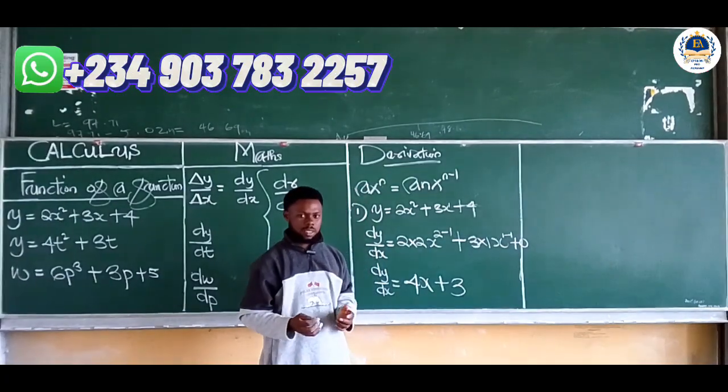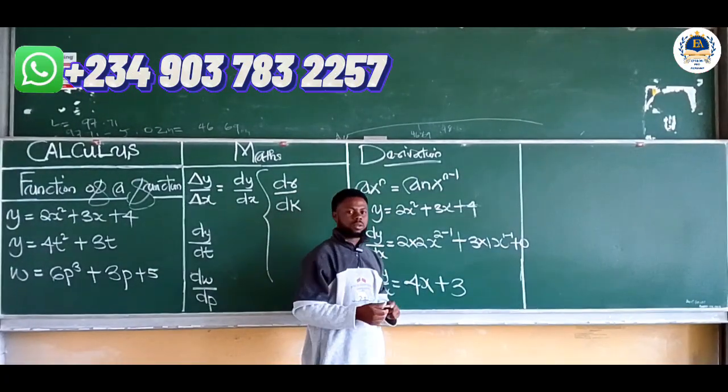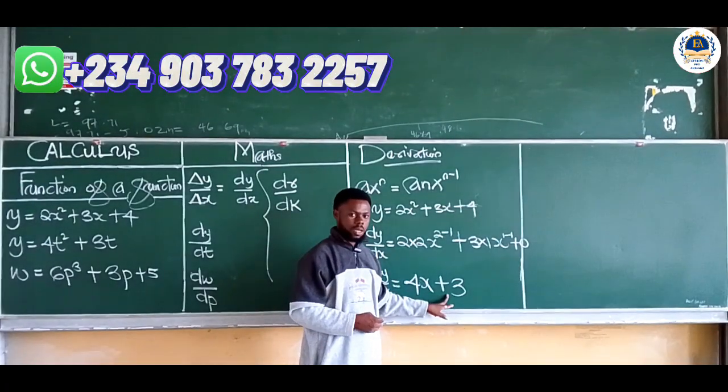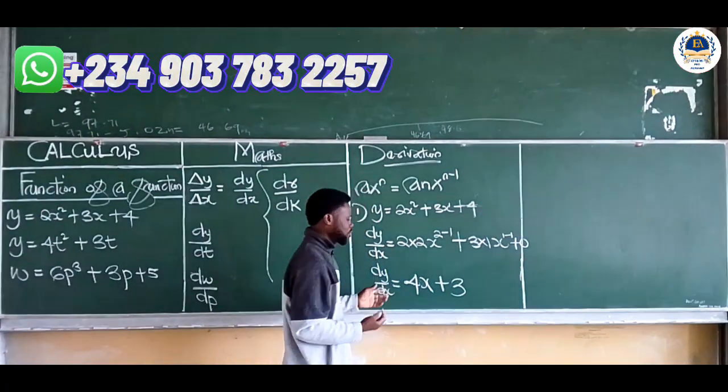According to the law of indices, any quantity raised to the power of 0, the result is always 1. So if you multiply 1 by 3, you obtain 3. And this is the final result.